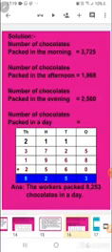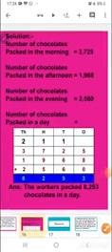Children, after adding all the numbers, we will get 8,253. Children, finally we have to write the answer. The workers packed 8,253 chocolates in a day.